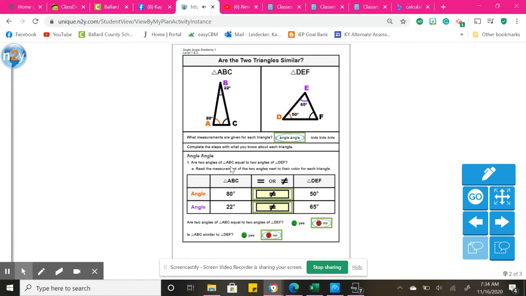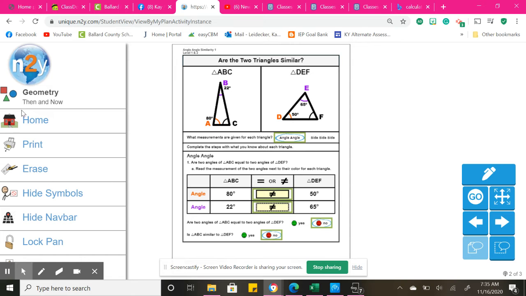And then are two angles of ABC equal to two angles of DEF? Well, we know that this is 80 and this is 50, so we know they are not equal. Then we have 22 and 65, and we know that those are not equal. So are the triangles equal using the two angles? No, they are not. Are they similar? No, they are not. So you'll complete the rest of those following this format.